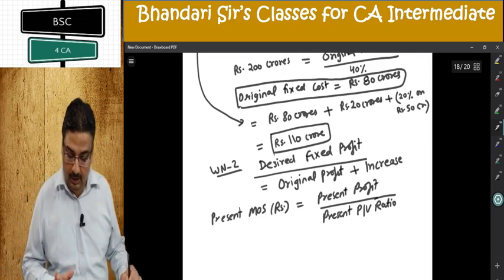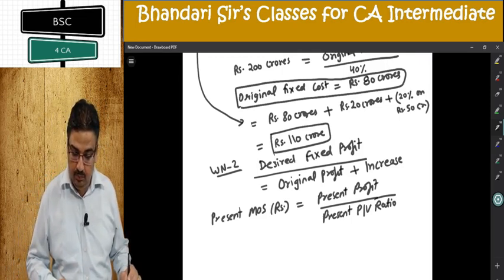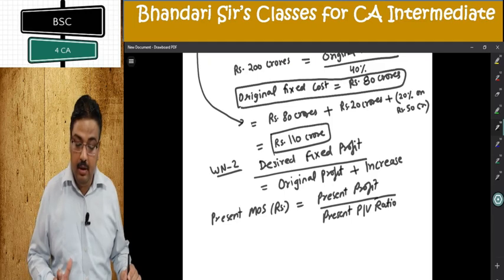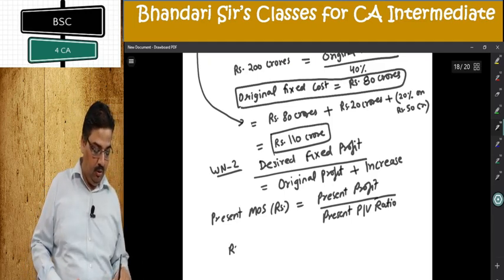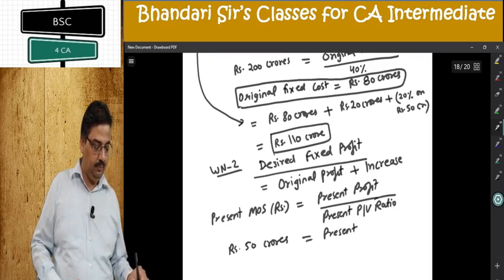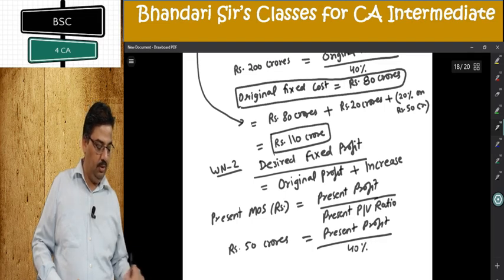Present profit is not given in the question, rather to be computed. Present MOS given, rupees 50 crores, equals present profit divided by 40%. So present profit is rupees 20 crore.